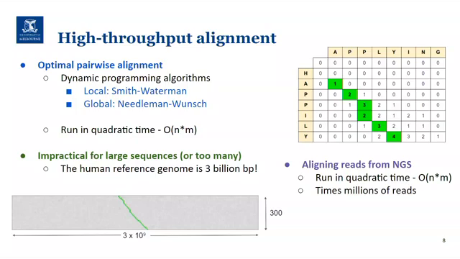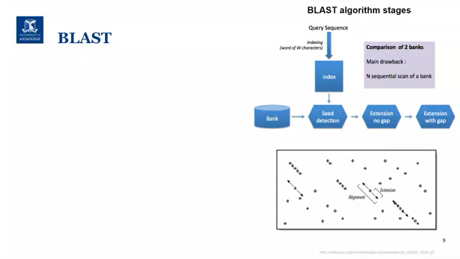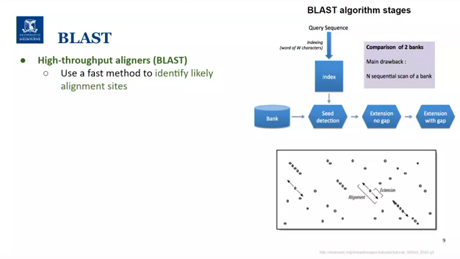And again, what we need here is basically heuristics to speed things up. And that's what BLAST does. And the main thing that makes BLAST run quickly is the initial step called seed detection, which is done via indexing. So with indexing, BLAST is used to identify likely alignment sites. And these are based on small near exact substring matches, which are called seeds.